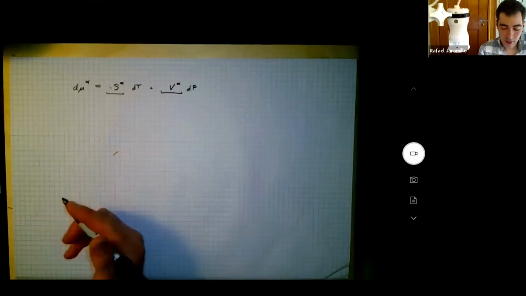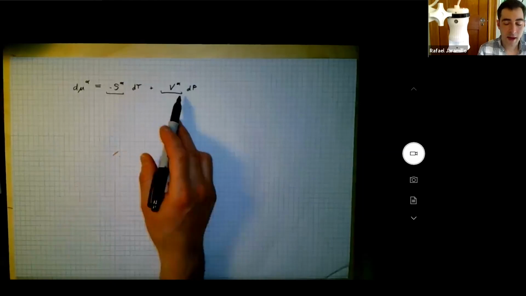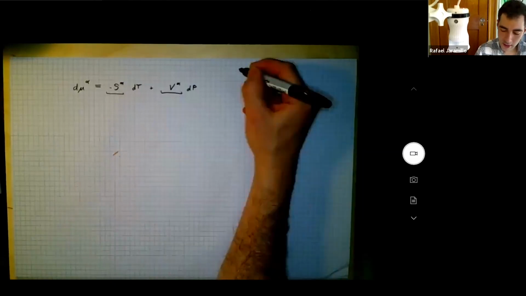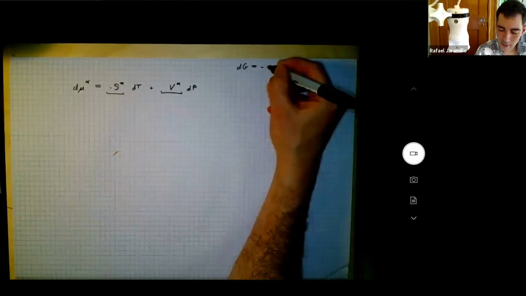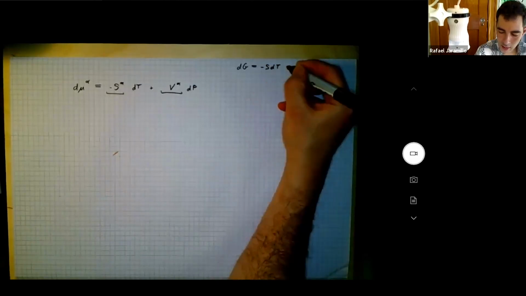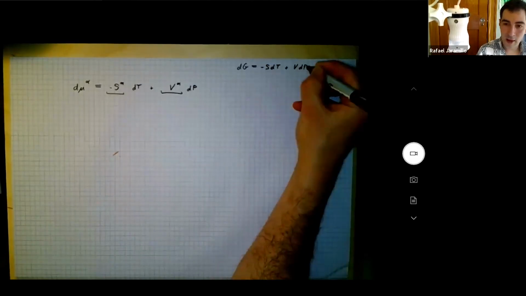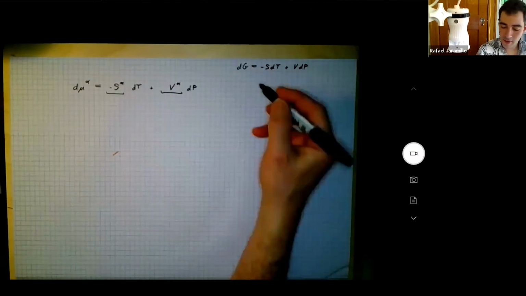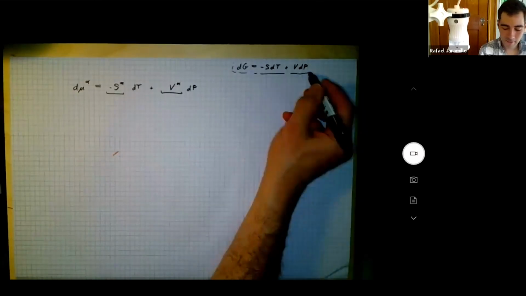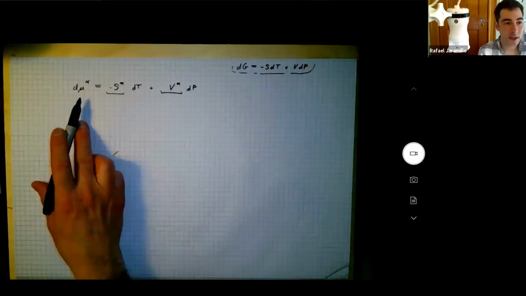So we're seeing the same differential form here as we did a couple of weeks ago now, when we developed the differential form for d Gibbs, right? The only thing I've done here is I'm expressing the molar Gibbs free energy as chemical potential, and I'm adding the phase labels, right?